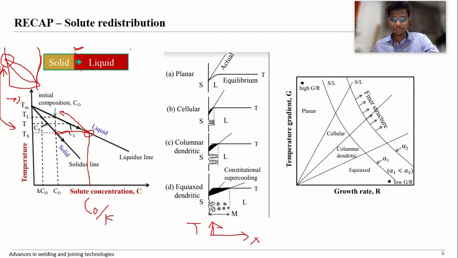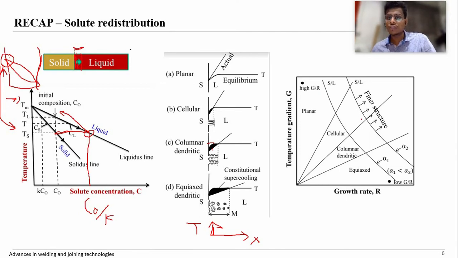Similarly, if the difference is more, then there will be more supercooling, so we can achieve columnar dendritic and equiaxed dendritic structures. So based on the actual behavior with respect to the equilibrium behavior, different kinds of grain structures can grow.